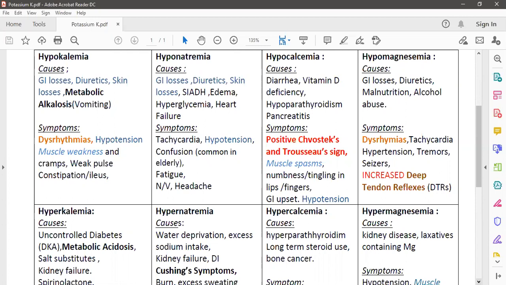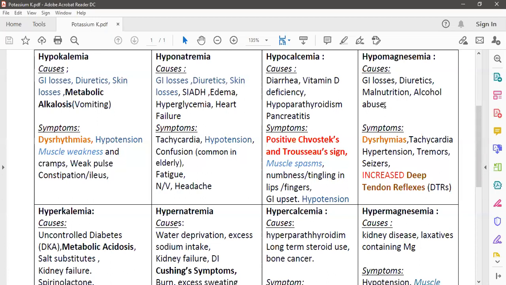Excessive fluid loss from the gastrointestinal tract, like vomiting, diarrhea, nasogastric suction, fistula drainage, or long-term use of certain drugs like diuretics or aminoglycoside antibiotics, also causes hypomagnesemia.